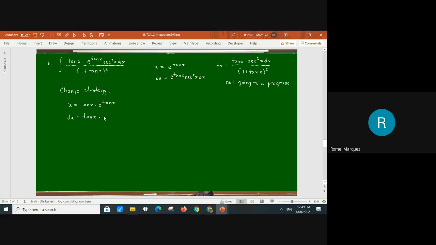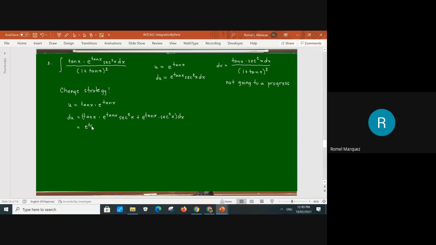The derivative of the second, e to the tangent x, is e to the tangent x times secant squared x, plus the second, e to the tangent x, times the derivative of the first, secant squared x. Everything multiplied by dx, because this is a differential. So what is common here, guys? E to the tangent x.